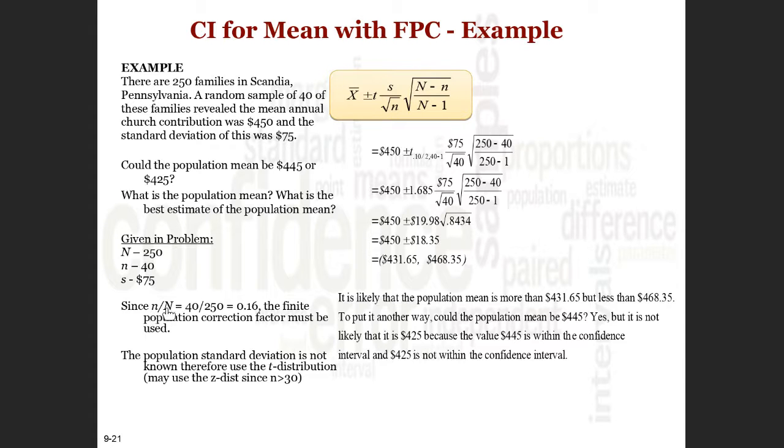Since the sample divided by the population is 40 divided by 250, which equals 0.16, the finite population correction factor must be used. Why must the population correction factor be used? Anybody? What's the criteria for using the population correction factor?